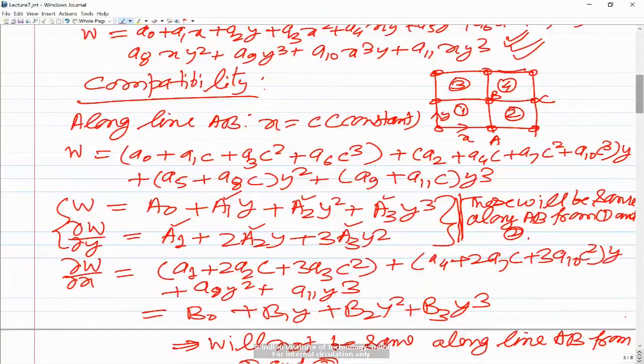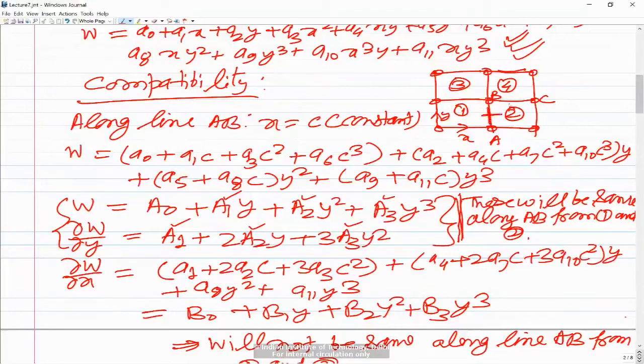But as far as the derivatives are concerned, the derivative along the normal will be continuous, and the derivative along the tangent would be discontinuous. Like here, if you look at line AB, the normal is along x. So del W by del Y is actually the rotation about the normal, that is x. That is continuous. But del W by del X, which is the rotation about the tangent to this boundary, that is not continuous.